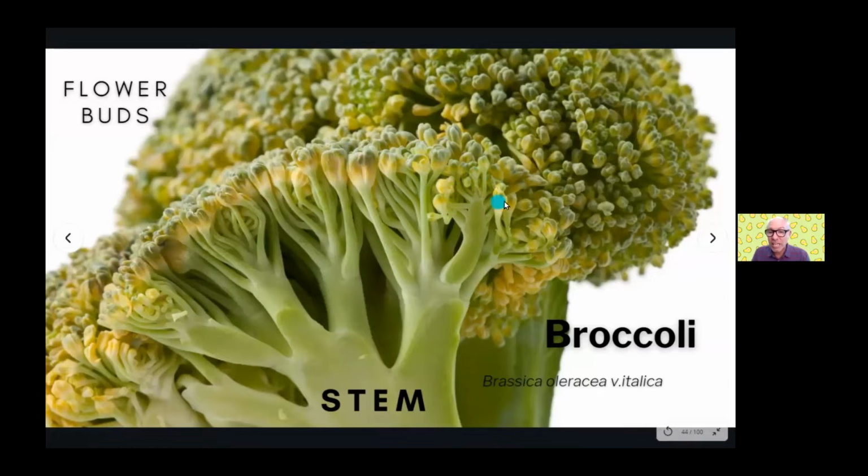So you can see what this plant is trying to do, just like its wild ancestor. It's trying to get big and tall, open up these hundreds of flowers, present them to the pollinators, develop the seeds, and grow the next generation. But we've stopped this process and harvested the developing inflorescences.